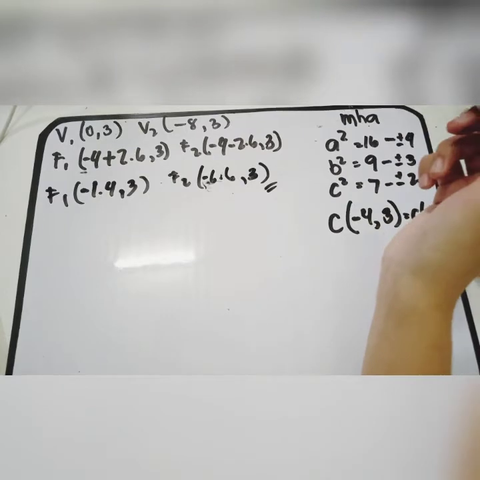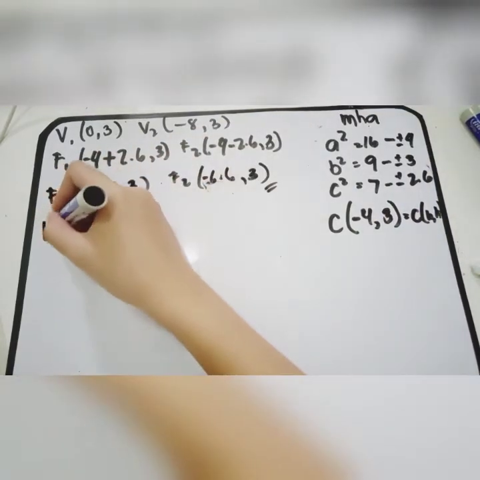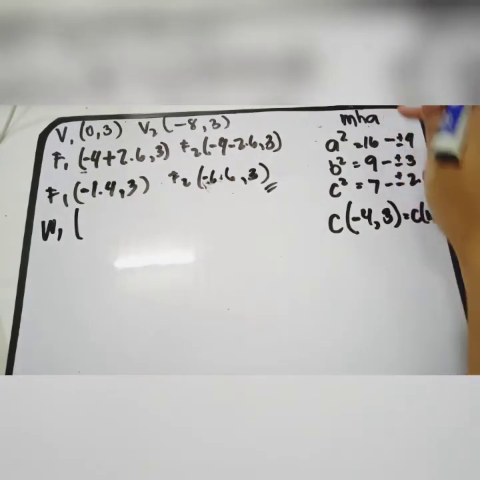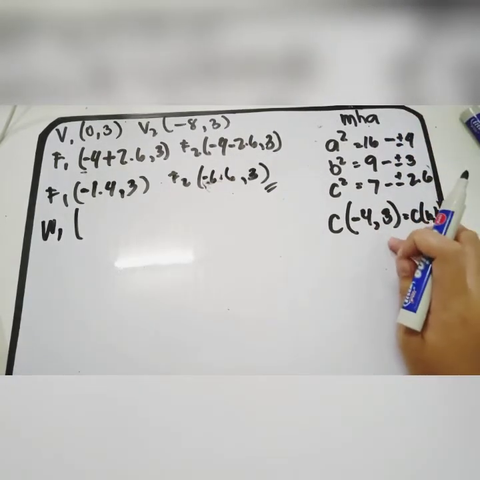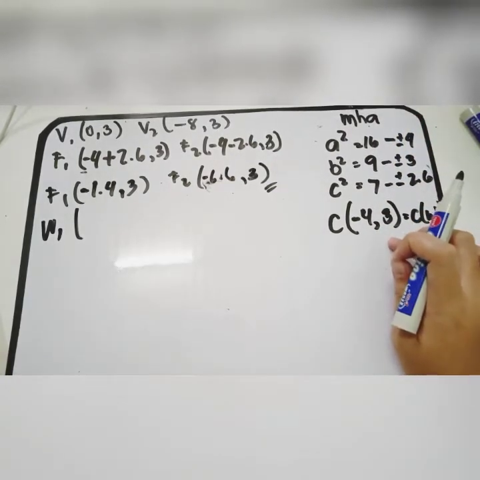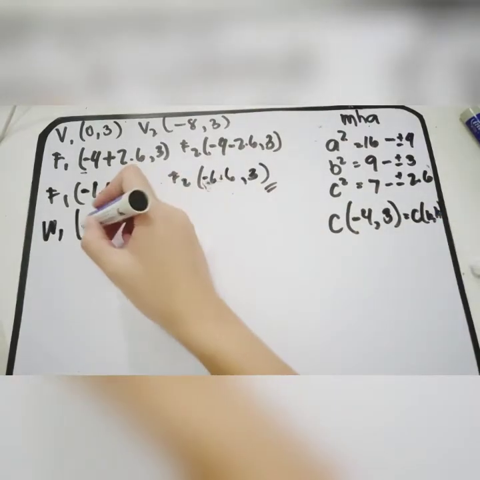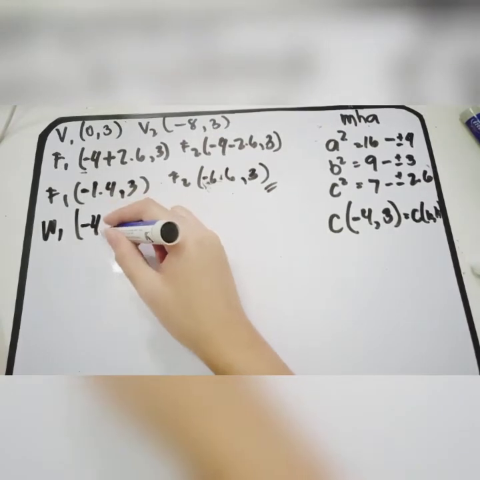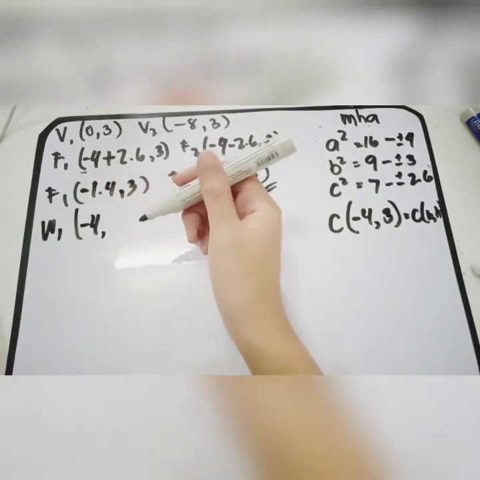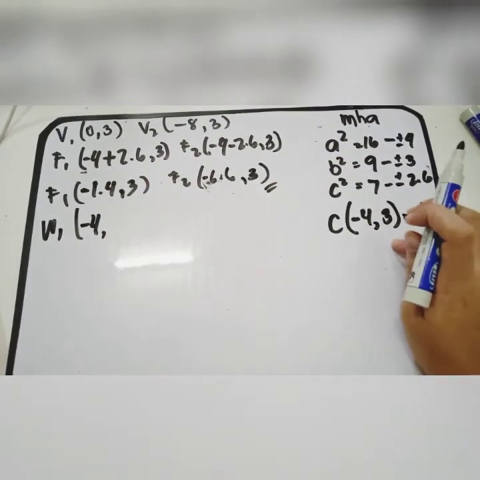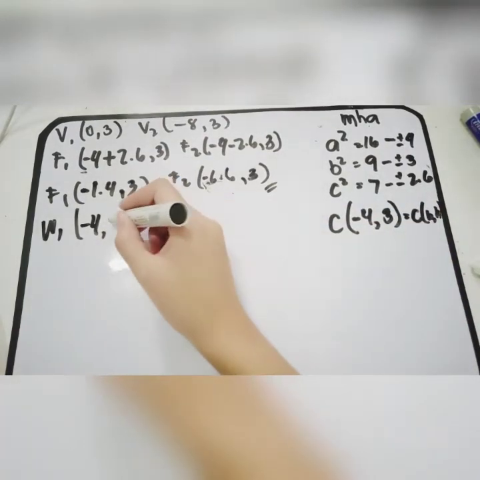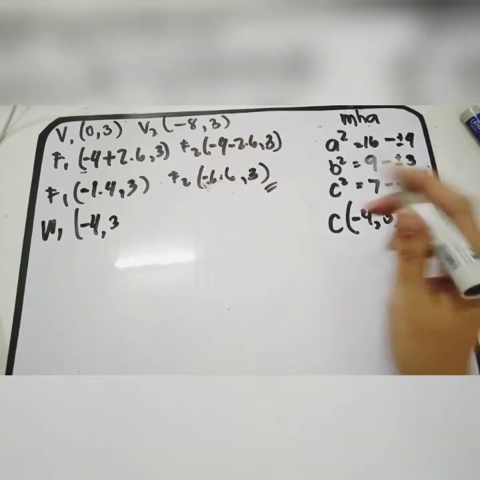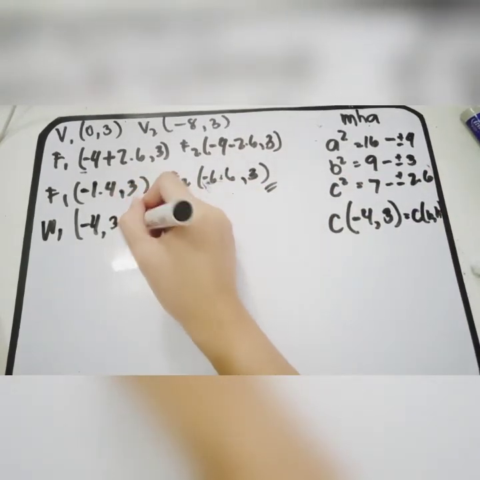So, we already have the foci. So, next is the co-vertices. So, the co-vertex W1. Since it is a major horizontal axis, the operations will be in the k. So, negative 4, we just copy h. Since it's the y, we add or subtract. So, negative 4, and then, comma 3. So, what is the value of our b? Positive, negative 3. So, positive first, so plus 3.